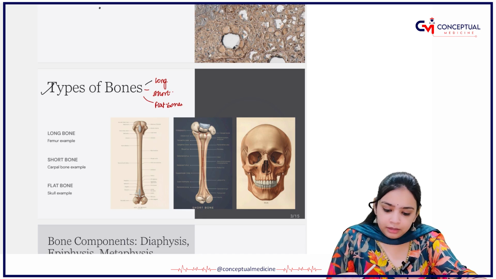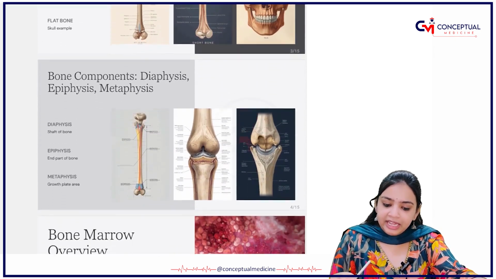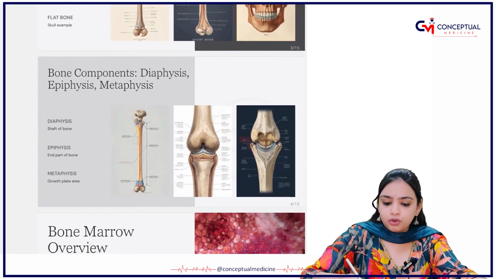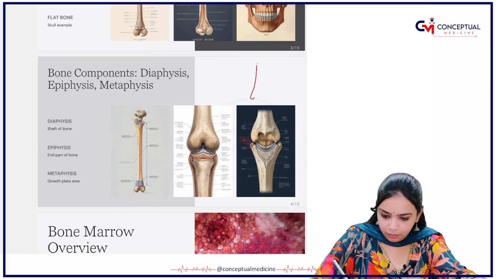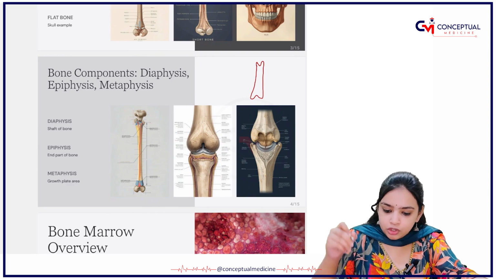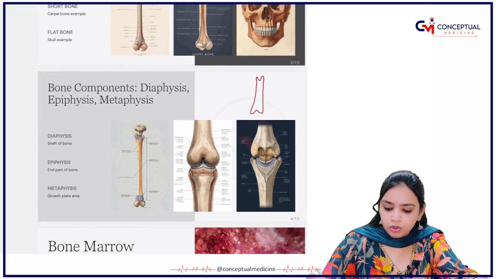Next, the thing that I want to tell you is about the bone components. If I draw a bone over here, what are the segments of the bone you have?